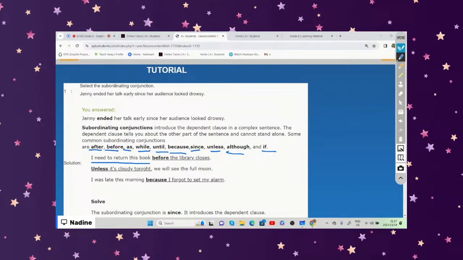It doesn't express a complete thought. But unless is our subordinating conjunction. And remember, a subordinating conjunction joins an independent clause with a dependent clause.